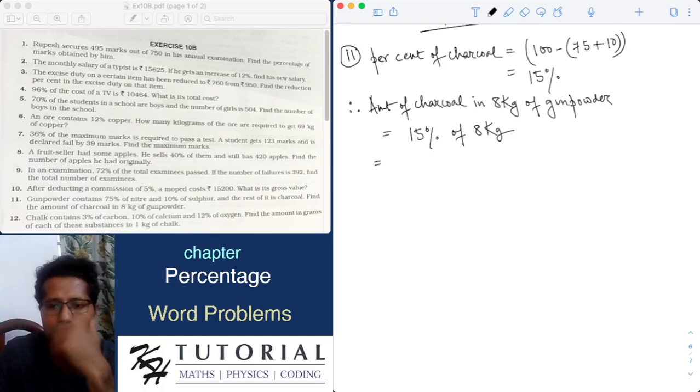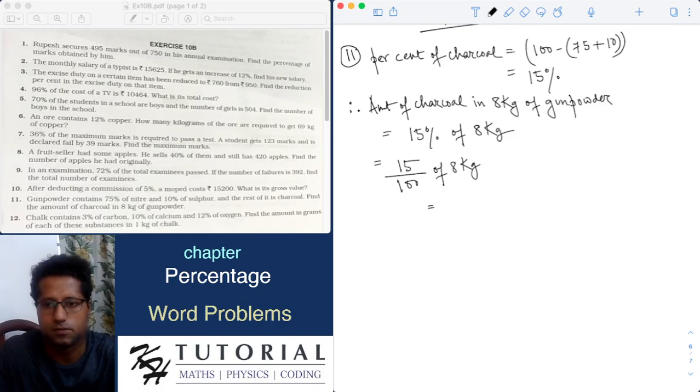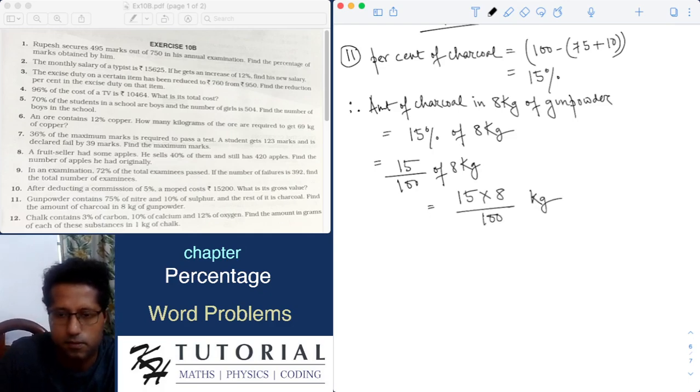This is equal to 15 by 100 of 8 kg. This equals 15 into 8 divided by 100 kg.